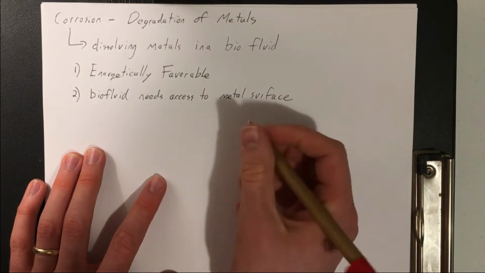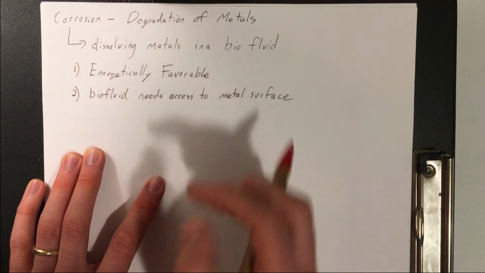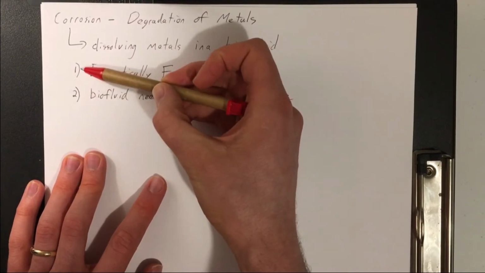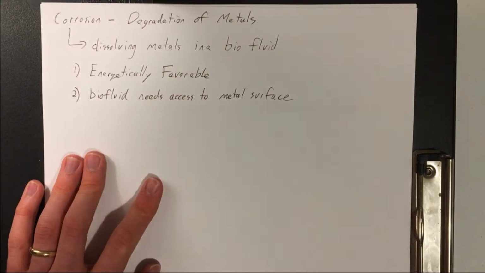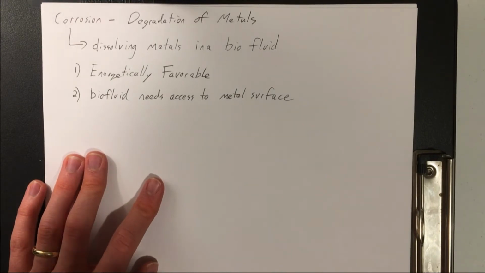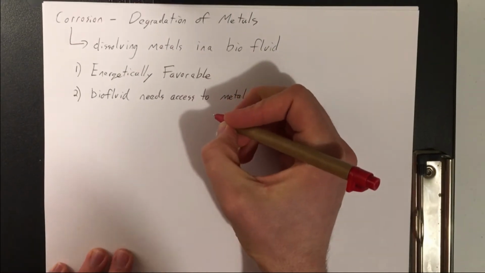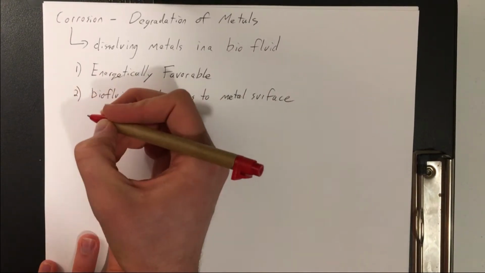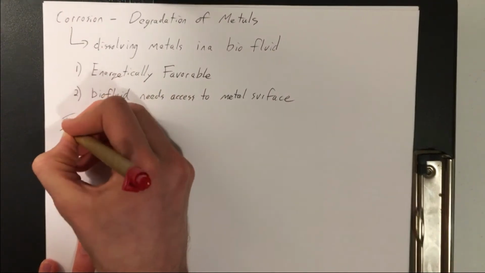So we'll be thinking about these two things, and as engineers, we can exploit both of these things if we want to limit the amount of corrosion that takes place. So let's think now about the energetics of corrosion. It takes energy to strip electrons from atoms.